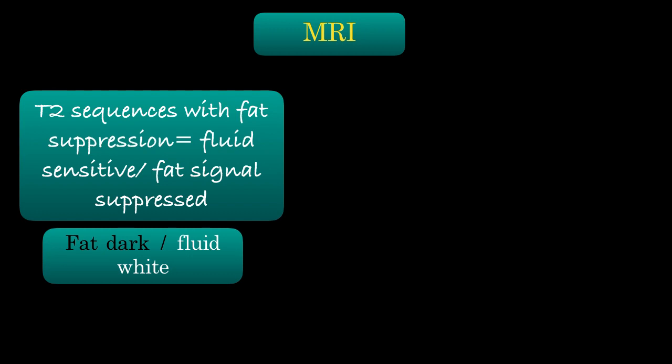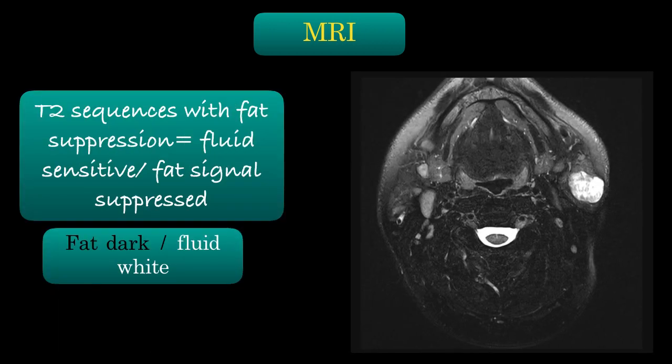In the normal T2 sequence, both the fluid and the fat are white, right? If we suppress the signal of the fat, it will appear dark. So we only have the water or fluid signal that is apparent and white. This is a T2 sequence with fat suppression.